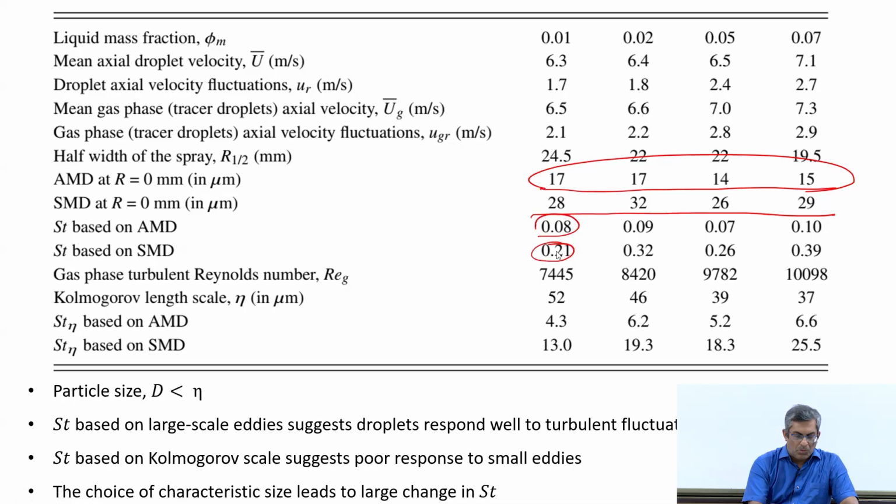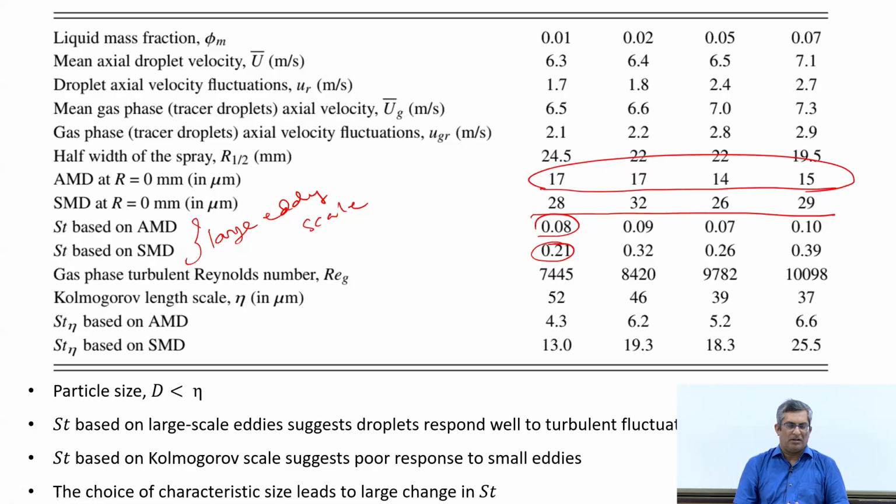Now, in this case, the Stokes number was calculated based on the large eddy scale. You see that the Stokes number based on AMD is about 0.1 while for SMD it is about 0.2. So this means that they respond well to the large eddy fluctuations. We may not say that they are perfect flow tracers because it is not very low, but still they show good response.